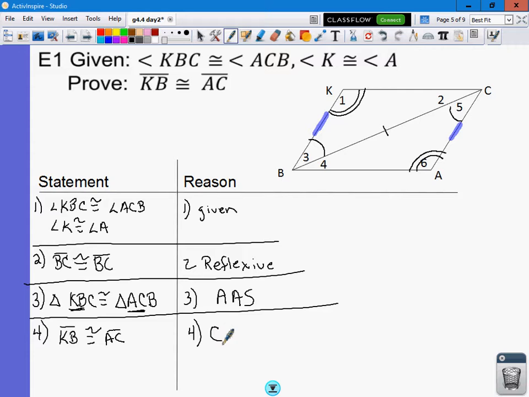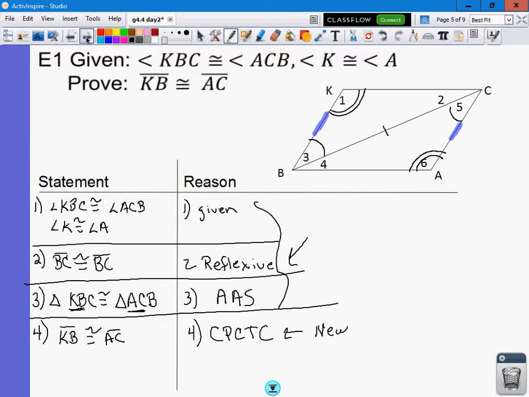They're congruent. CPCTC. Corresponding parts of congruent triangles are congruent. So, this is what we did yesterday. This is the only thing that is new for today. We're adding that one extra piece. That answer your question? That's the only thing that's different.